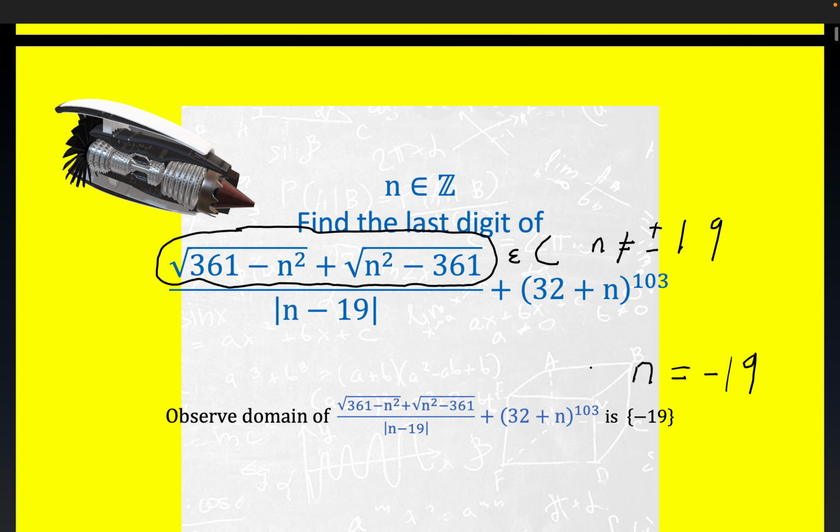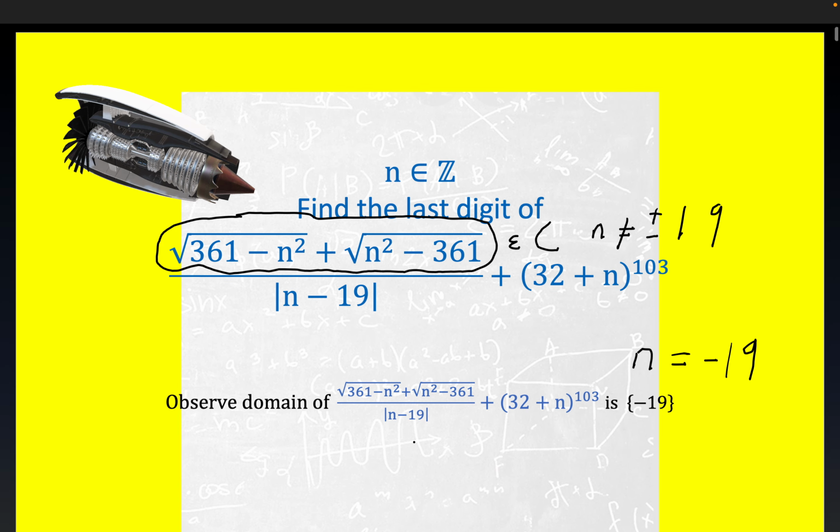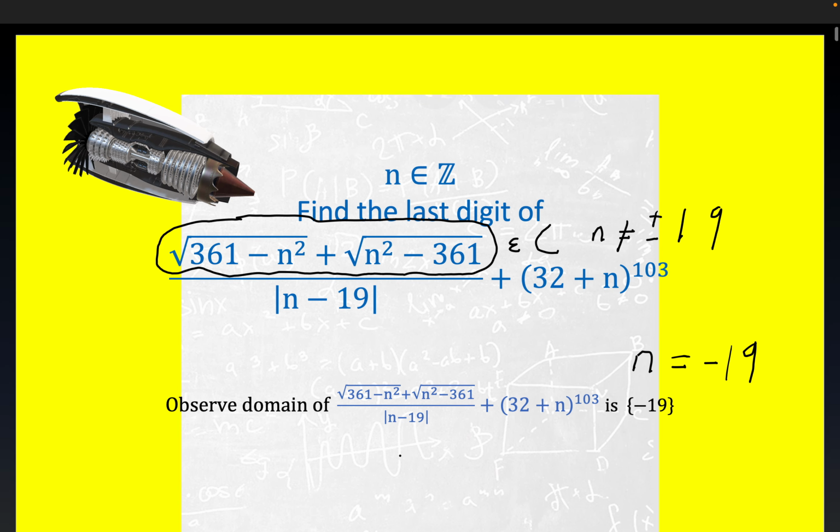And so what happens here, if you're trying to find the last digit of this, we know that this piece right here would be 0, and would become just this part right underneath here. Again, if you put minus 19 in here, just the numerator's 0. And again, minus 19 is the only value in the domain of the expression, right?